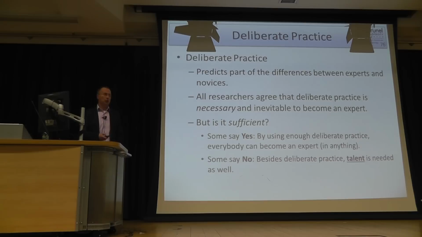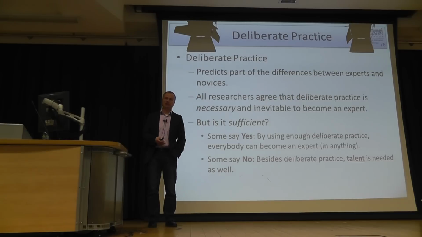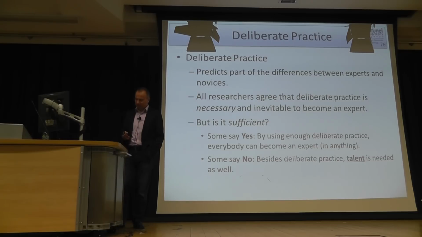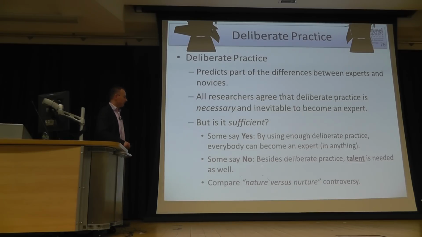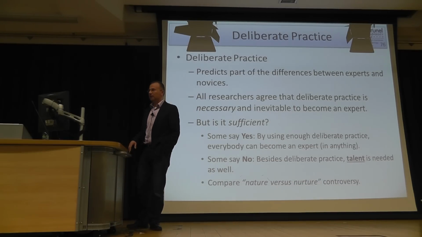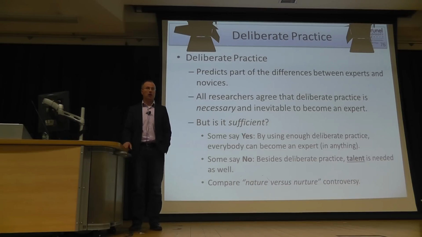And some say no. Besides deliberate practice, you need talent. And talent is something which is considered to be inborn and can't be changed. So it's a bit the nature versus nurture controversy, like in intelligence. How much is acquired through education, parents, and how much is inborn?